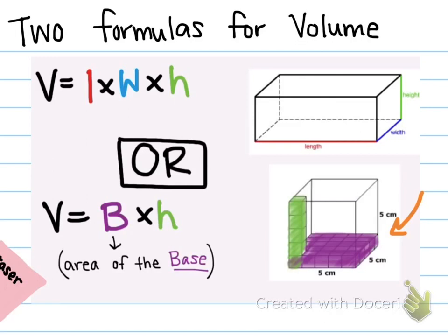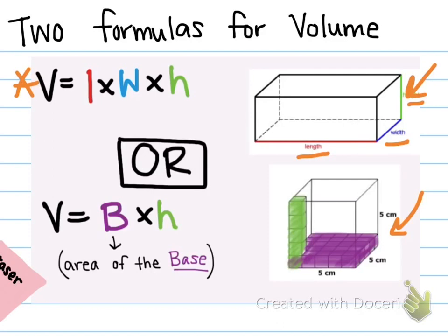Sometimes it might be smarter to use one than the other though. In this case, we have the length, the width, and the height. So it would be easier to find the volume using the first formula. But in the bottom rectangular prism, we're given a full layer and how many layers we could stack up.